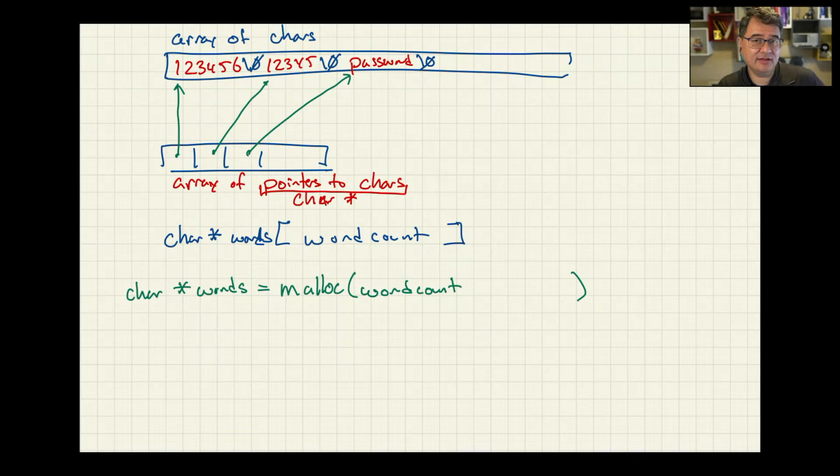But that would only allocate a word count number of bytes. Oh. Well, then you would use the sizeof, right? And what do I put inside that parentheses? Char. But whatever this thing is.